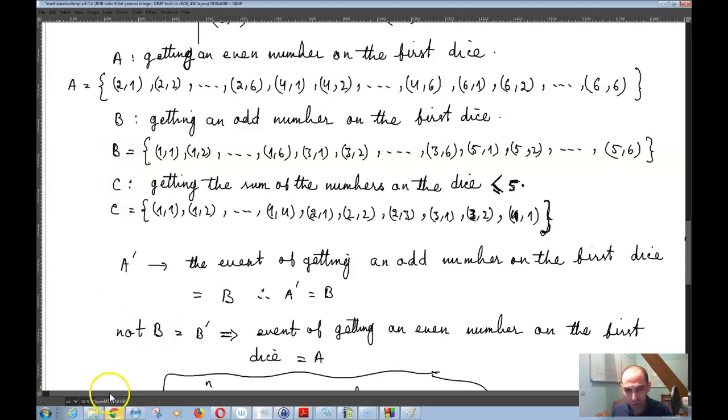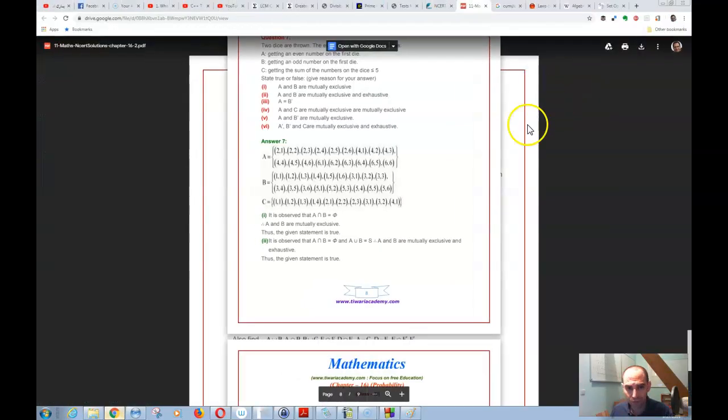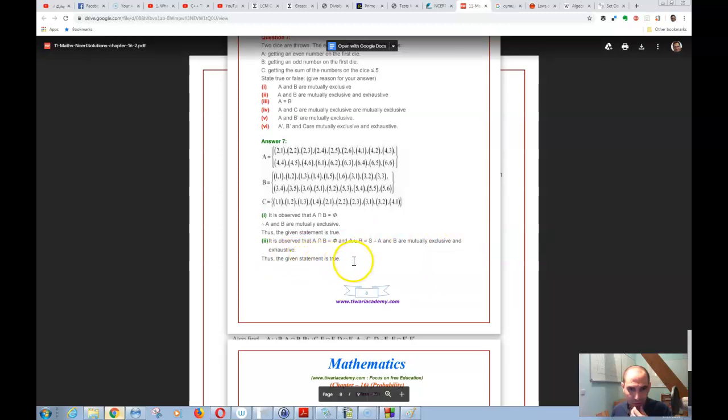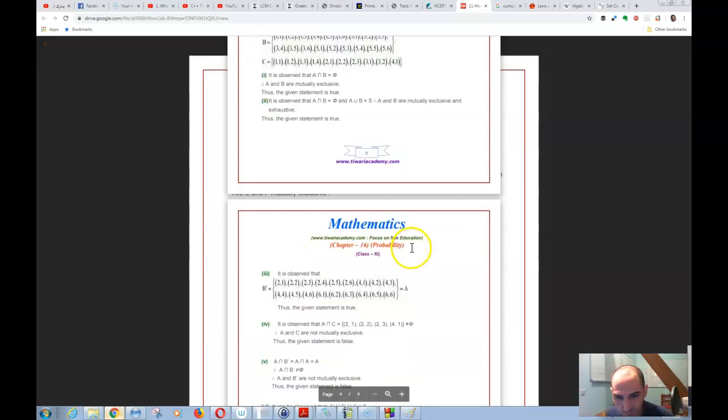So number 2 is also true, which is observed because A intersection B is equal to the null set, which we established here, and A union B is equal to S. Therefore, A and B are mutually exclusive and exhaustive. Thus, the given statement is true.